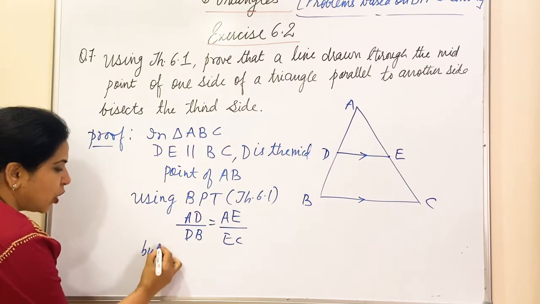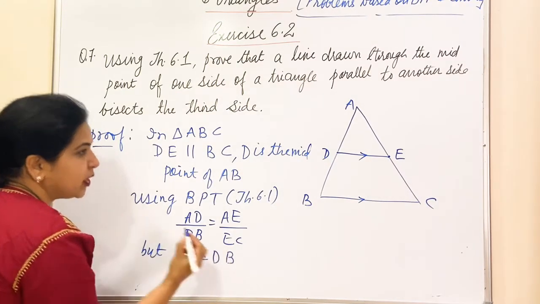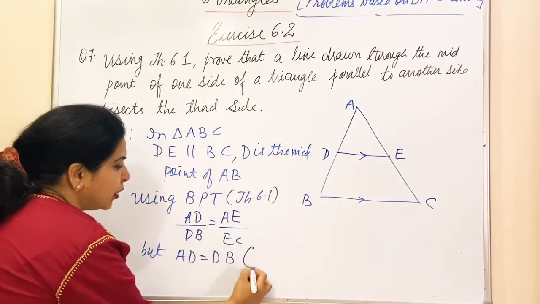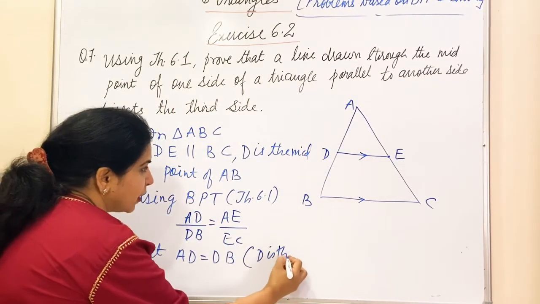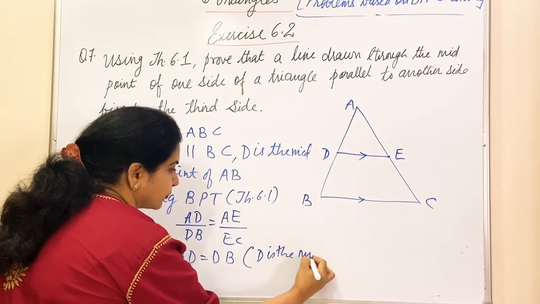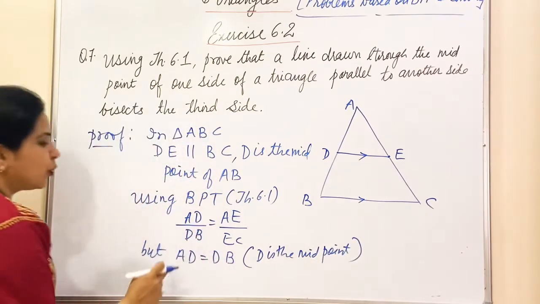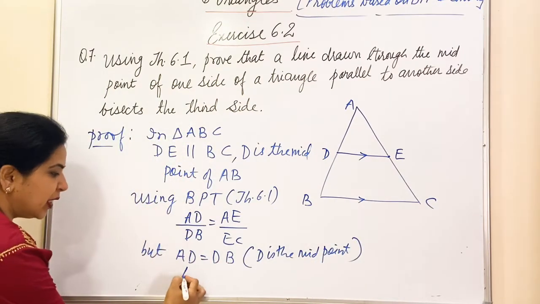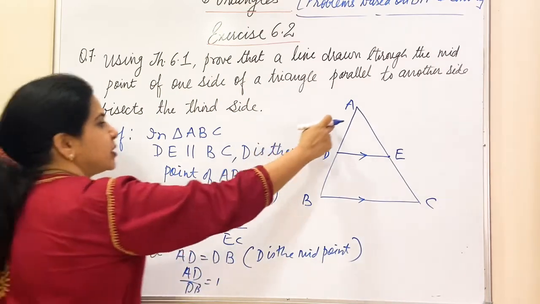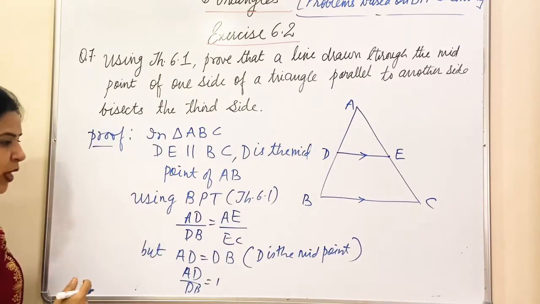But here in the question, it is given that AD is equal to DB. As D is the midpoint, AD is equal to DB. So AD upon DB is equal to 1. The ratio is the same. This is the midpoint, so the ratio is 1:1.